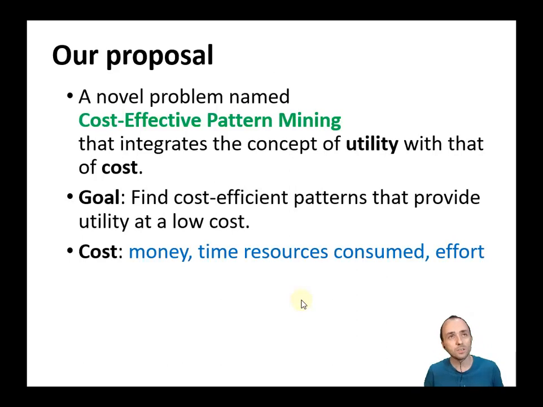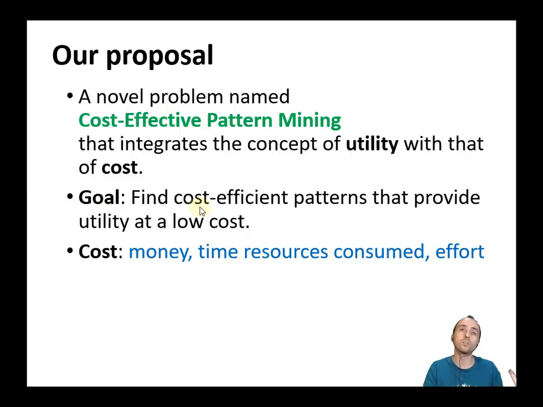So in this paper, we propose a new problem called finding the cost-effective patterns. So we combine the concept of utility, like importance, with the concept of cost. So we want to find a good trade-off between cost and utility. We want to find the patterns that will give us the best utility at the lowest cost.